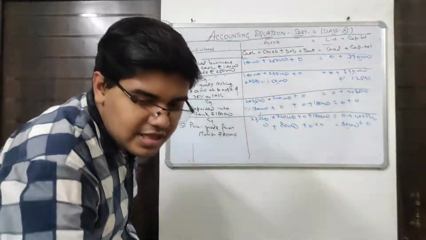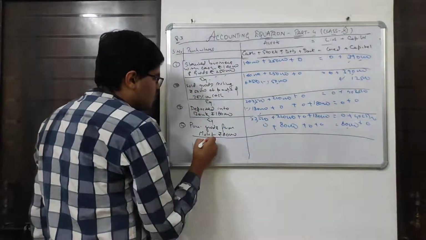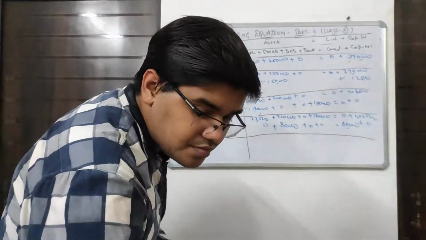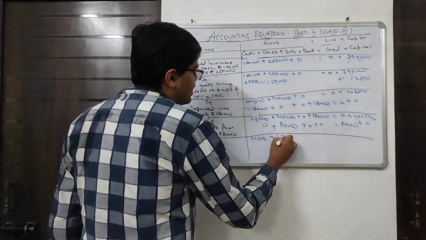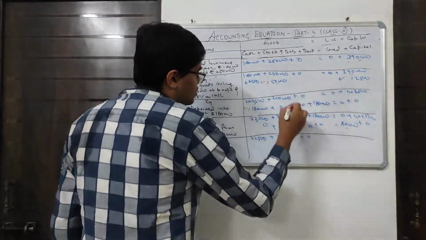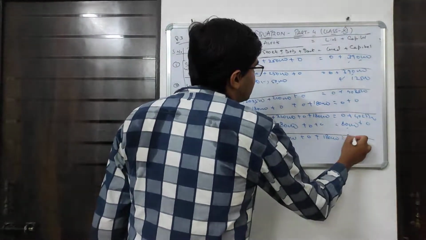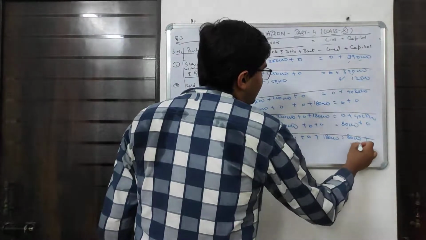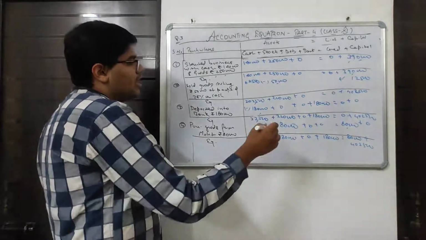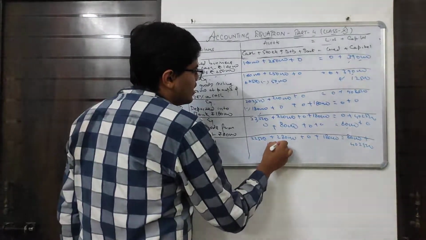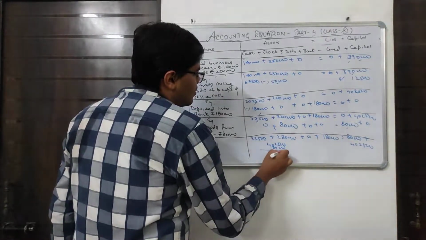Now let us see whether our equation is balanced or not. It will be 22,500 plus 2,80,000 plus no change in debtor plus 1,80,000 in bank, 80,000 in creditor and 4,02,500 in capital. So our liability will be 4,02,500 plus 80,000, which is 4,82,500.